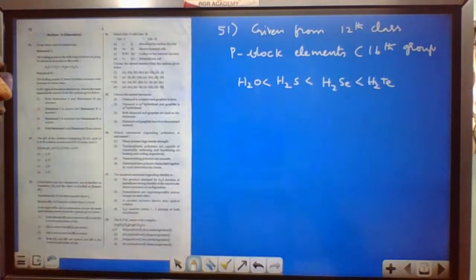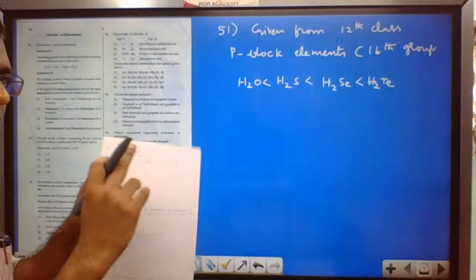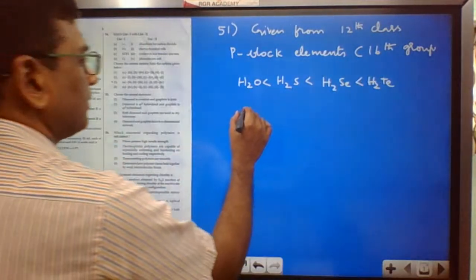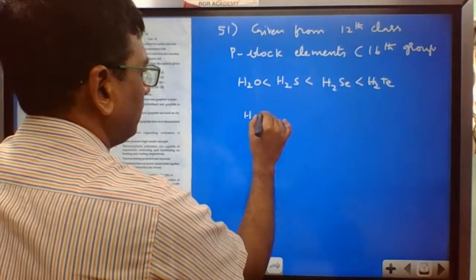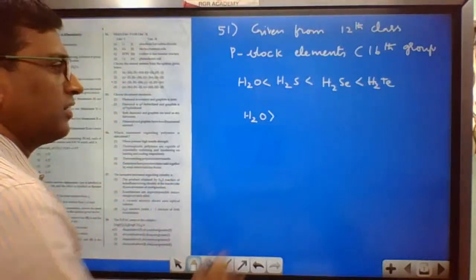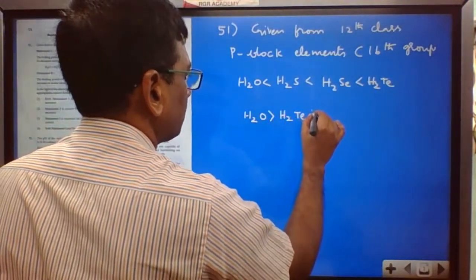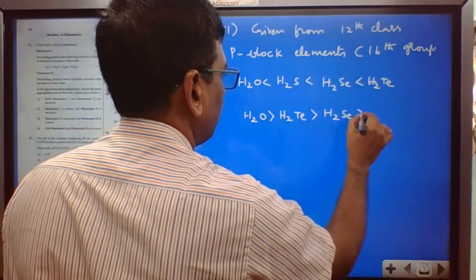But if it is very clear, in 16th group elements we have a tabular column of hydrides. In that they clearly mentioned the order of boiling points: H2O is greater than H2Te, H2Se and H2S.